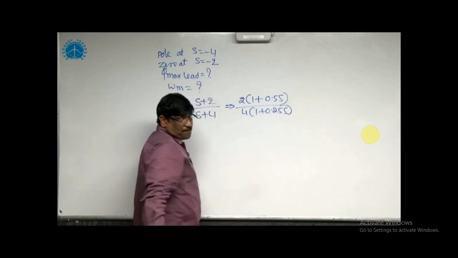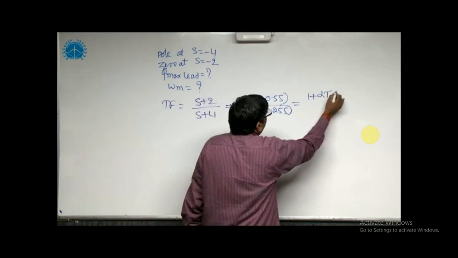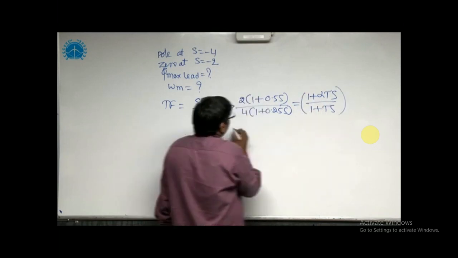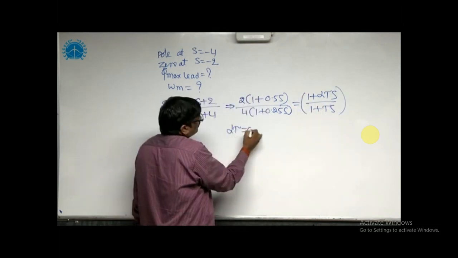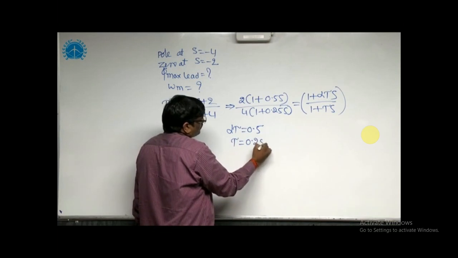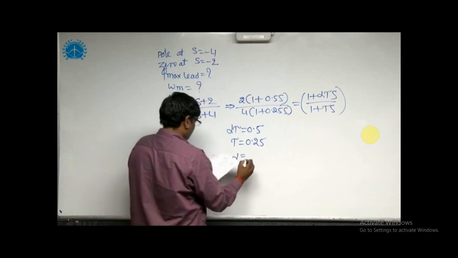You compare with the standard form of the compensator, (1 plus alpha tau s) by (1 plus tau s). Then alpha tau equals 0.5 and tau equals 0.25. Then get the value of alpha. The alpha you will get is 2.